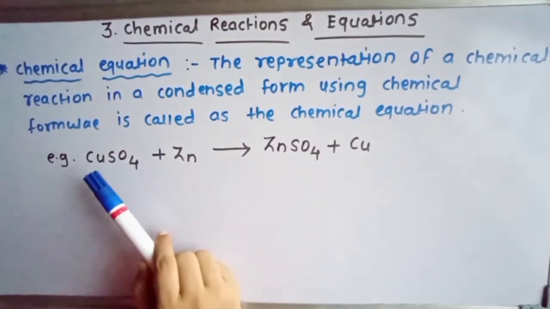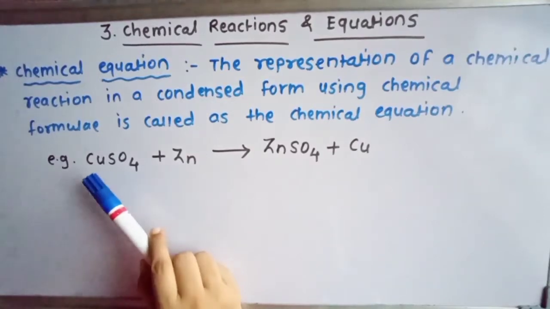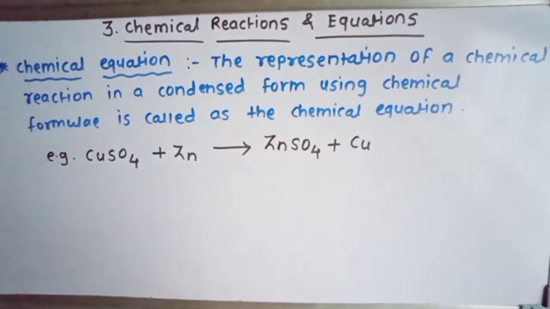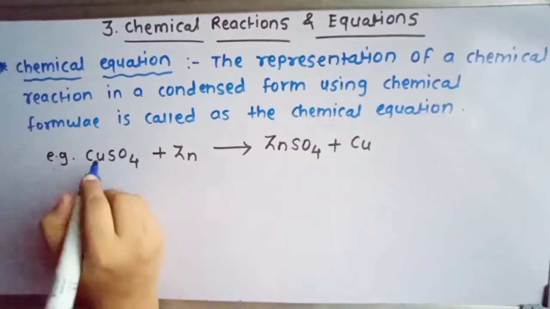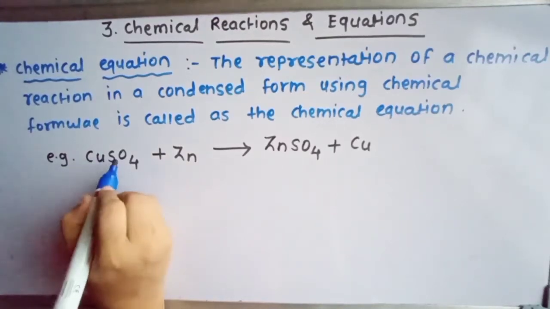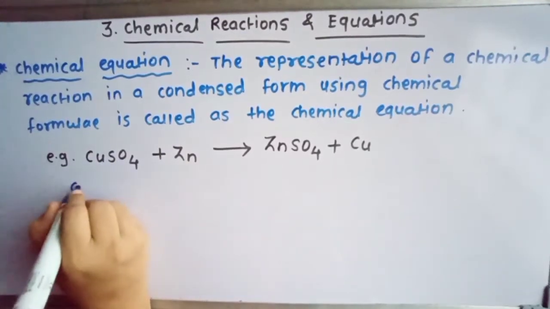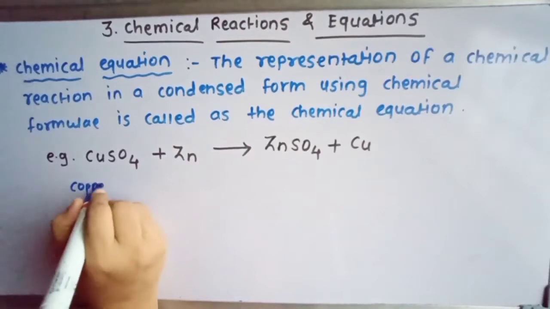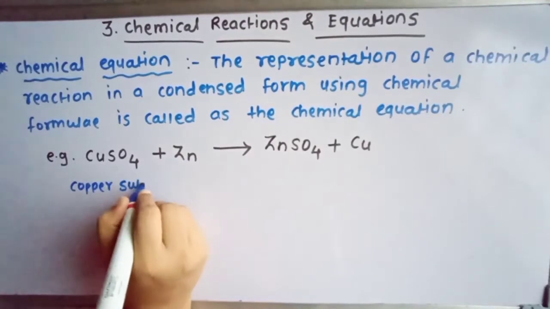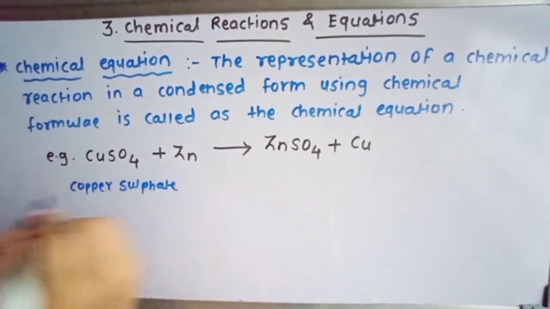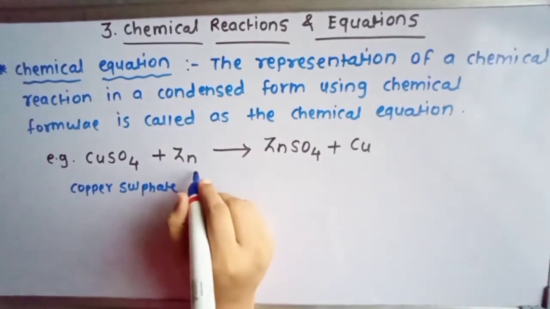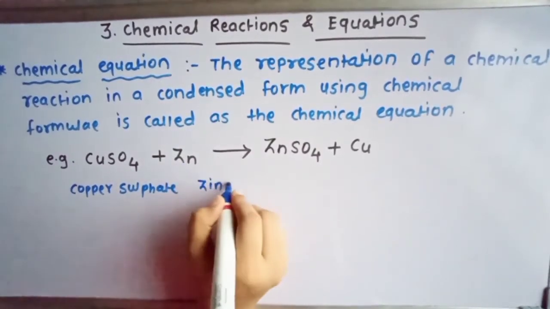Now here, one example is given, CuSO4. CuSO4 means what? Cu is the symbol of copper, SO4 means sulfate. So this is a copper sulfate solution. Zn means zinc.